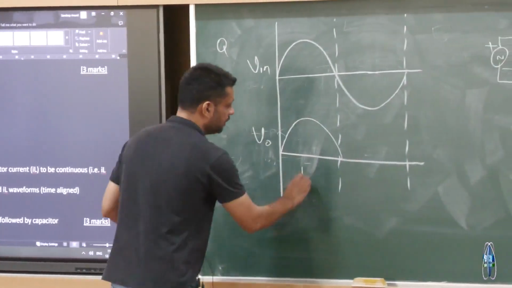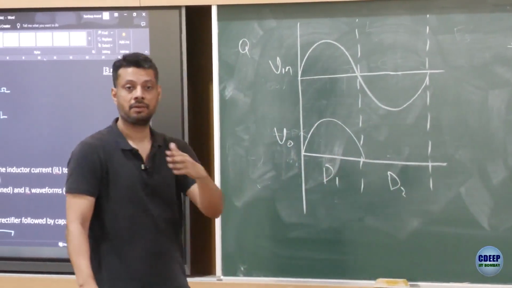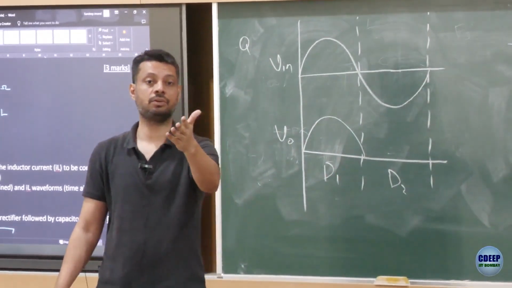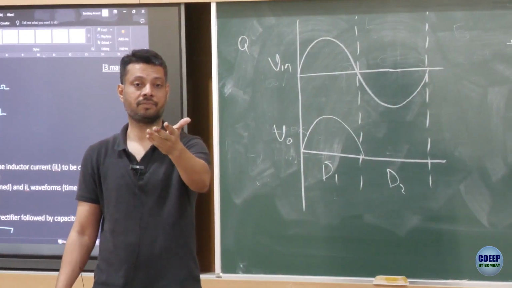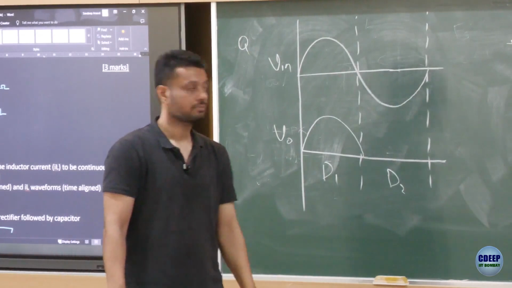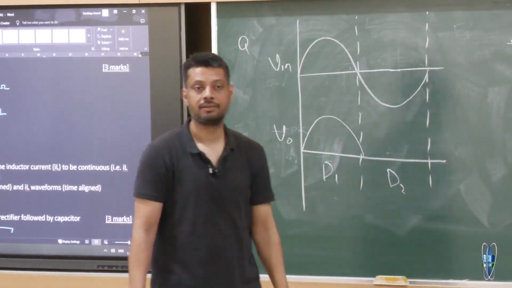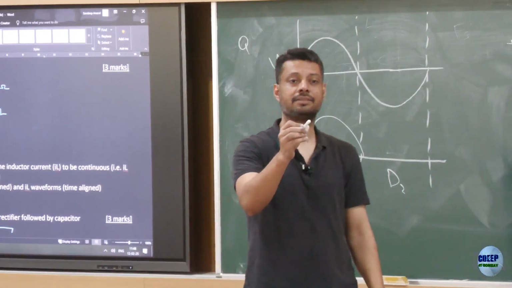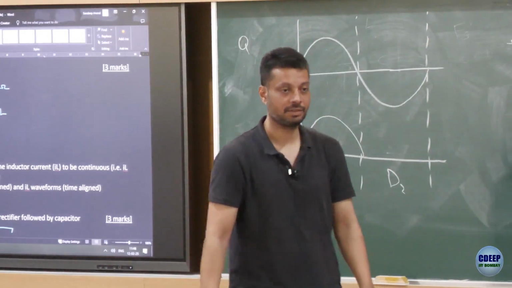This is the region when D1 conducts, this is the region when D2 conducts. When D1 conducts is okay. What about the next cycle now? D2 conducts, then what is the output voltage waveform? Next one? 0, no? Yeah.